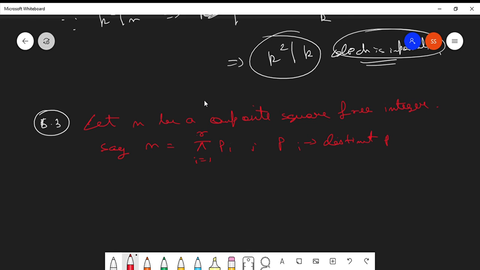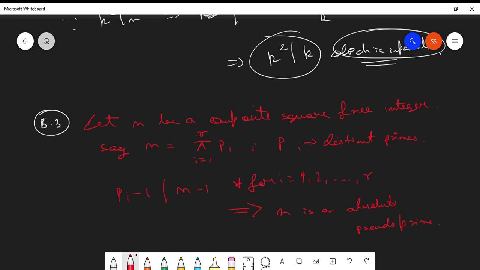If pi minus 1 divides n minus 1 for i equals 1, 2 till r, then n is an absolute pseudo prime.